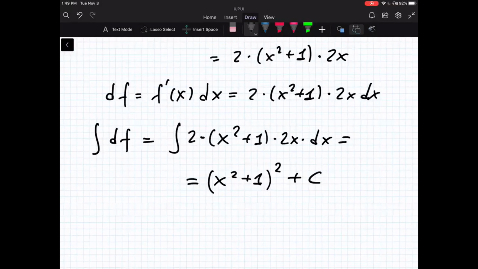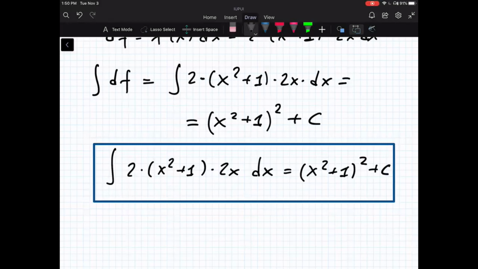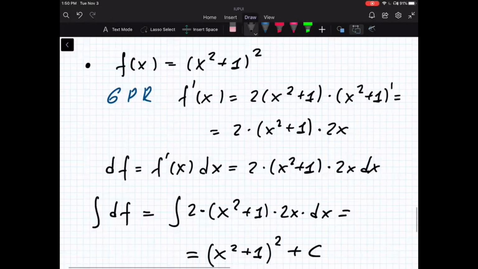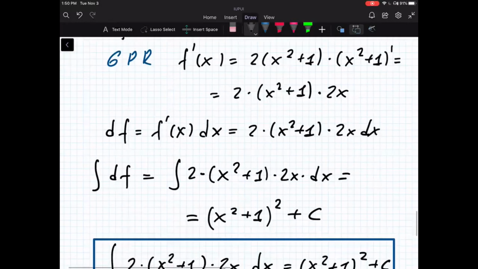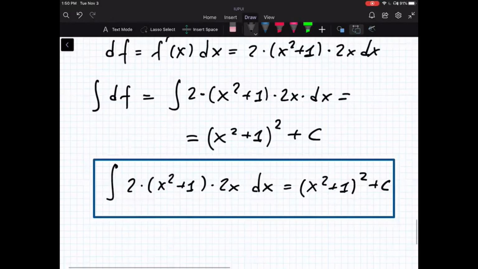So we got that the integral of 2 times x squared plus 1 times 2x dx is equal to x squared plus 1, squared, plus some constant. So in some sense, we are going backward. We found a formula coming from the generalized power rule, and then we transformed it into a rule for the indefinite integral.